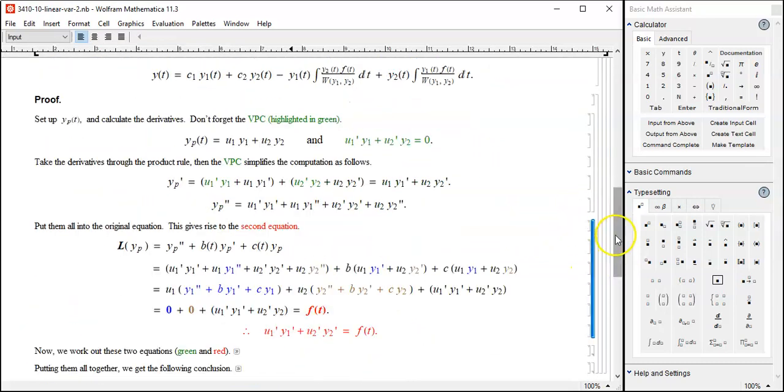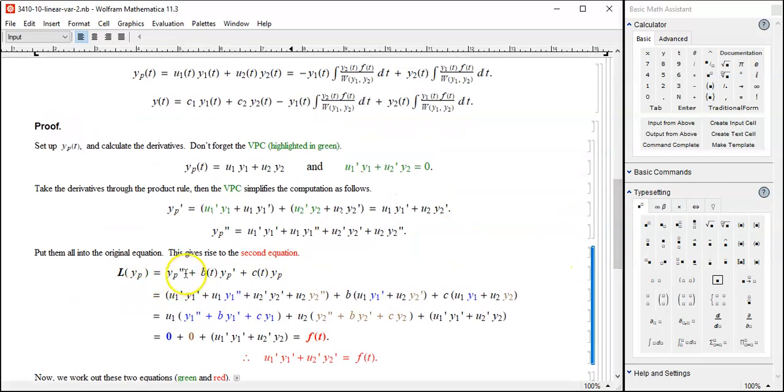Let's go ahead and do that. So, second derivative here, first derivative here, and the original. And then I'm using blue for y1 and brown for y2. Please pay attention to y1 double prime, y1 prime, and y1. They all have the same coefficient, u1, u1, u1.